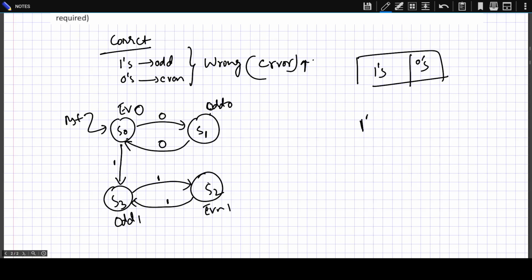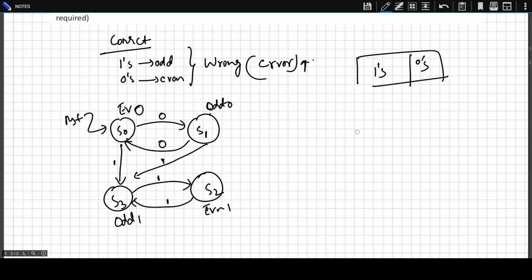Now if we were on the odd zeros side and then we got a 1, we would move to the odd ones state, and then this cycle continues.